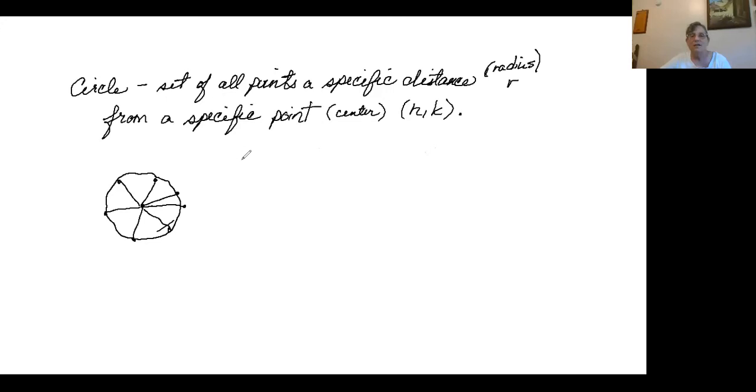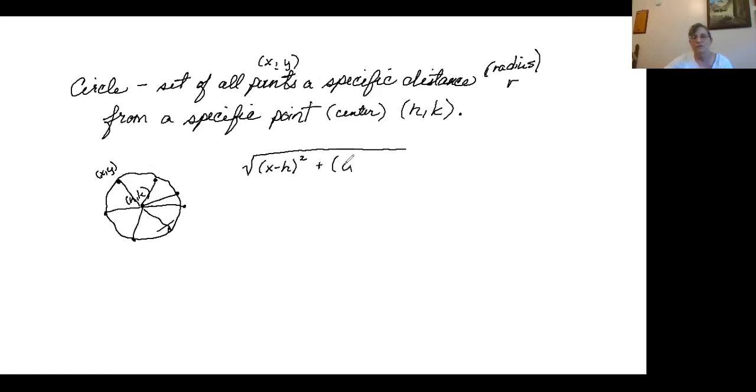So if we call these points that are on the circle X, Y, so this is an X, Y, and this is another X, Y, and this is another X, Y, then our distance formula, since it's a certain distance, would give us that the square root of the distance from X to H would be X minus H, and then we square it. And then the distance from Y to K, here's H, K here.